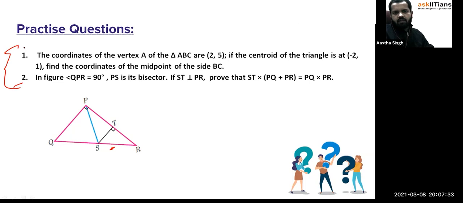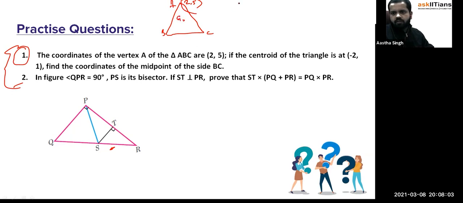Let me tell you question number one. The coordinates of point A in a triangle are given as 2, 5, and the centroid G is given as minus 2, 1. Find the coordinates of the midpoint of BC.